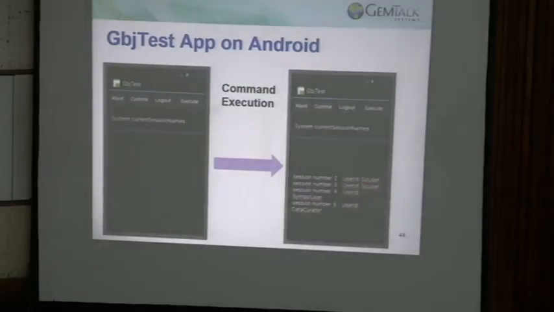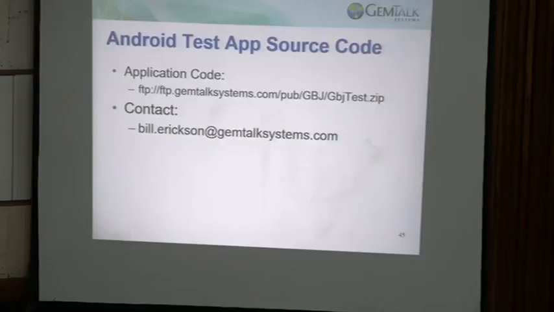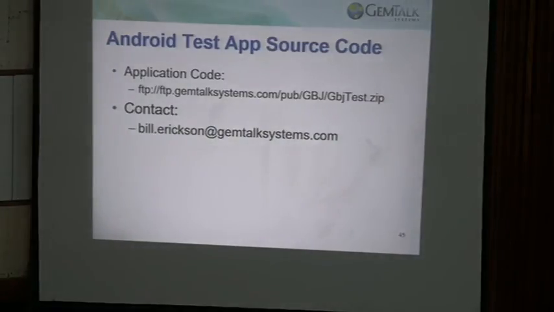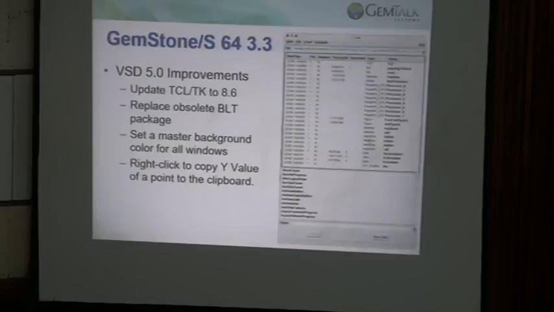And then there is a text entry field where you can type a Smalltalk expression and then execute it and get back the result of executing that Smalltalk. This is available through this FTP site, and if you have questions on it and want to play with it, we have a few people that are toying with Android.